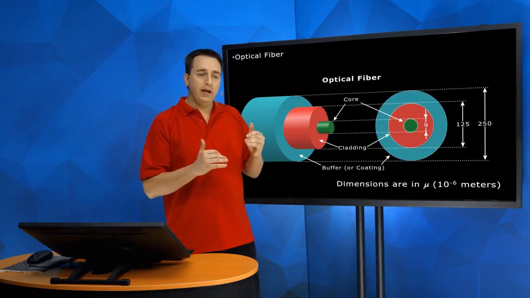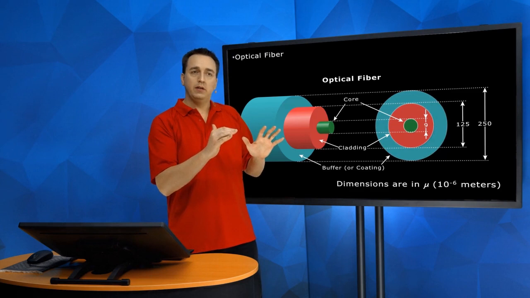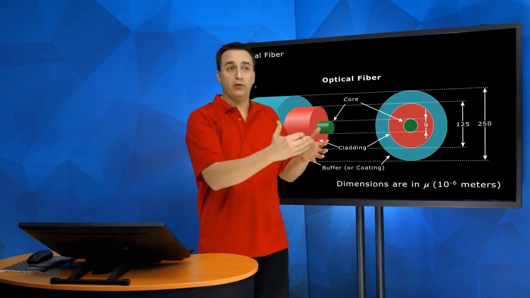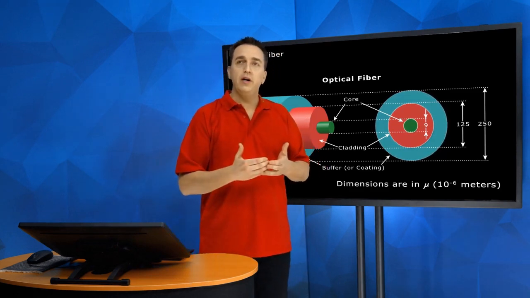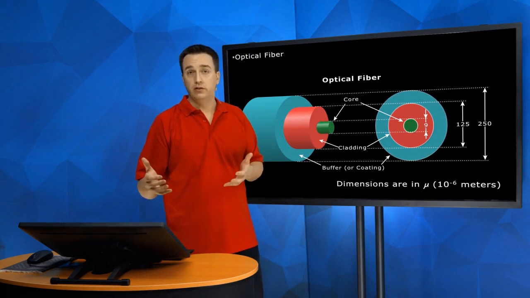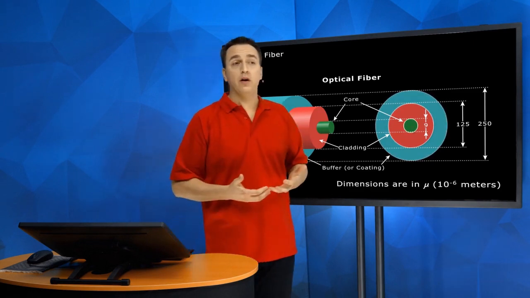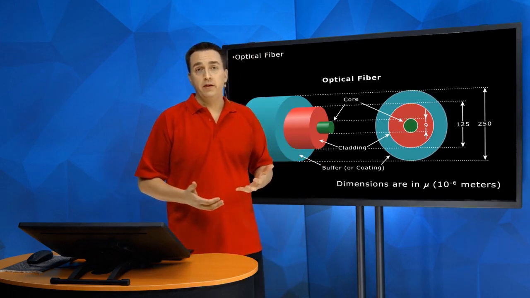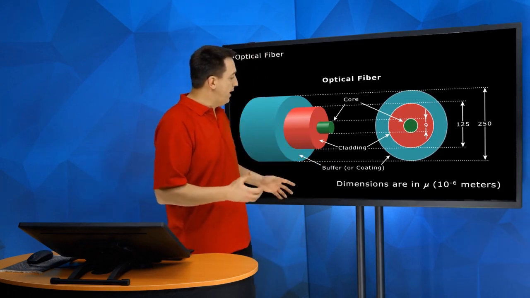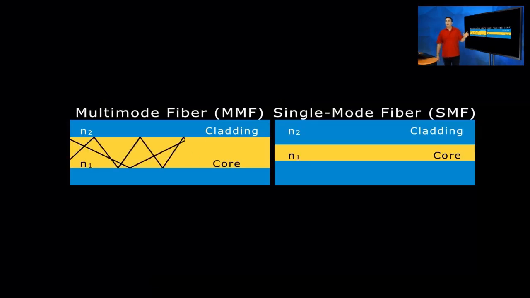However, if the light beam going through the core is not at the correct angles, then the light will leak out of the core into the cladding. So what we want to do is make sure that when we are using optical cables, we are providing what is known as total internal reflection.